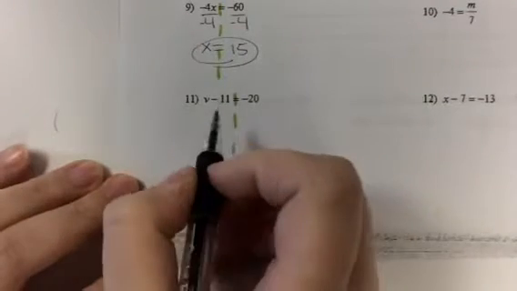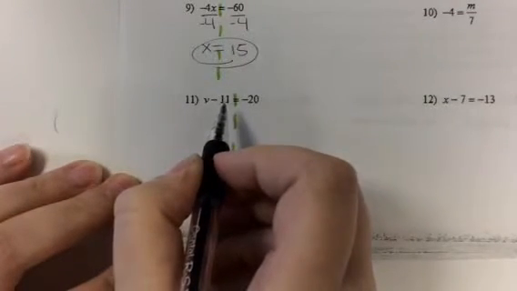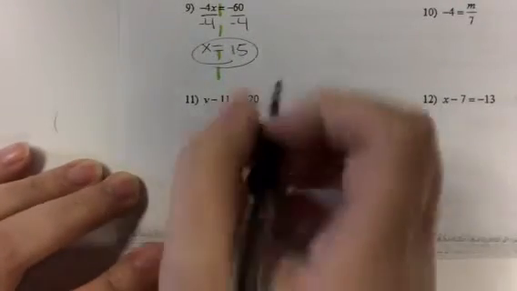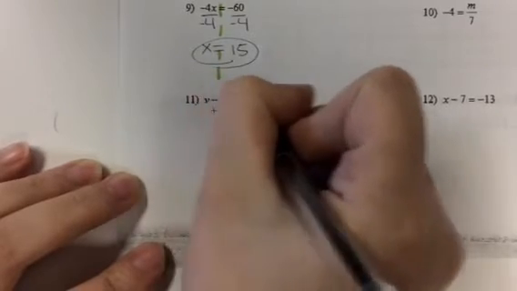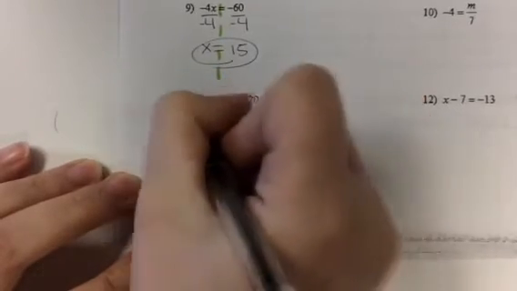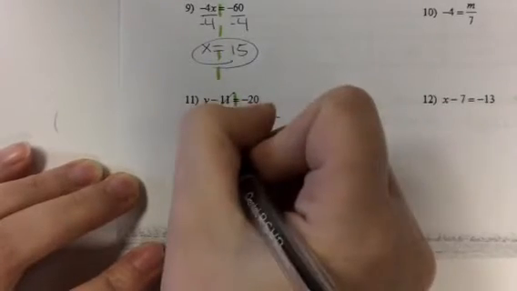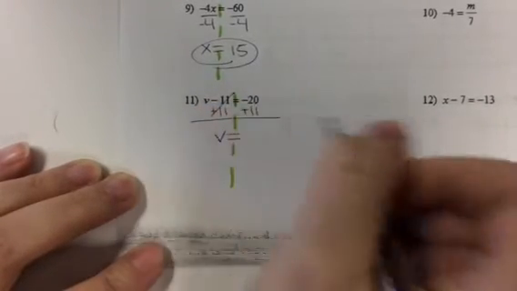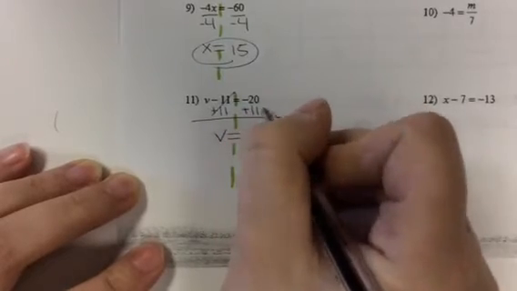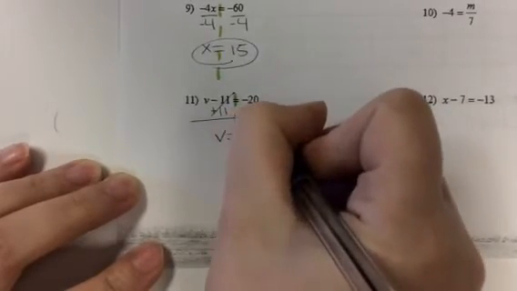Last one here, again, subtract. So we have minus 11. We need to inverse, add 11. On the left side, they're gone. And we're left with v equals negative 20 plus 11, which is negative 8.